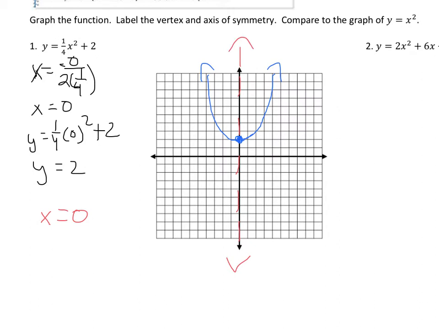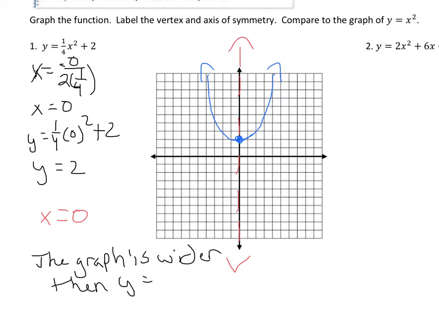And then it says compare with the graph of y equals x squared. So this graph, you would say, is wider than y equals x squared. Okay, let's look at the next one.